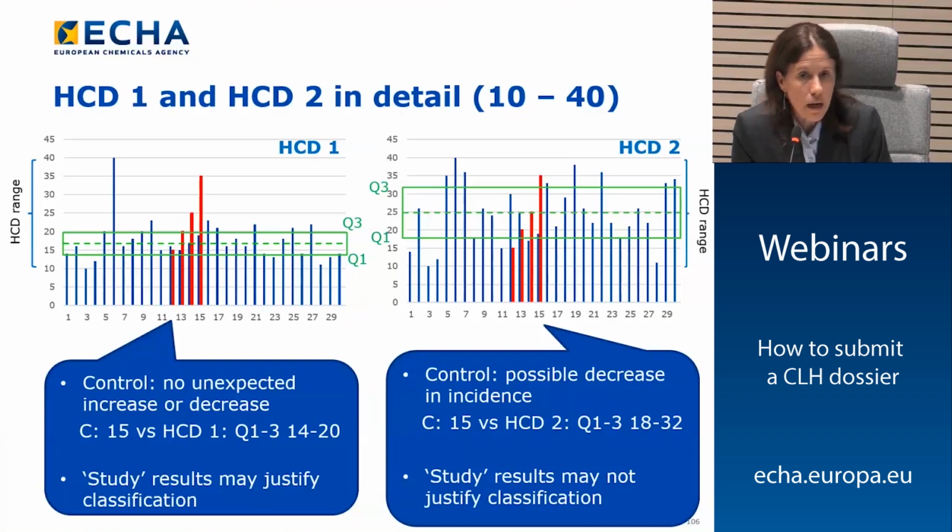We might have doubts whether this result alone could justify classification. Overall, I think myself, and I would guess also the committee, would be much more confident in classifying if we have the historical control data 1 instead of historical control data 2. But that again is my personal opinion. I can't say anything for the committee.